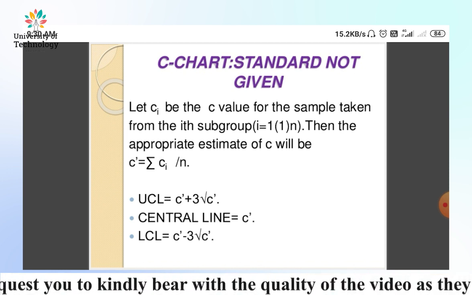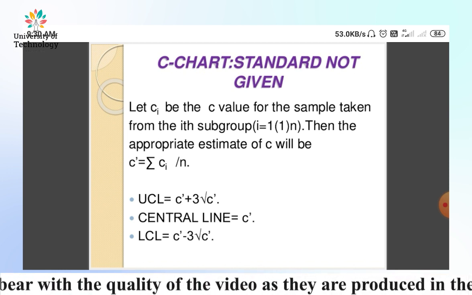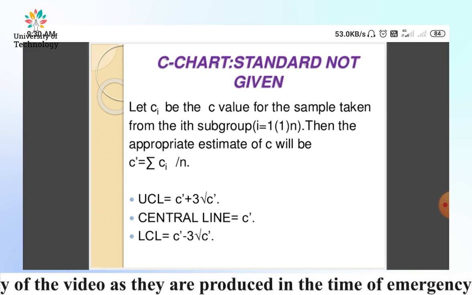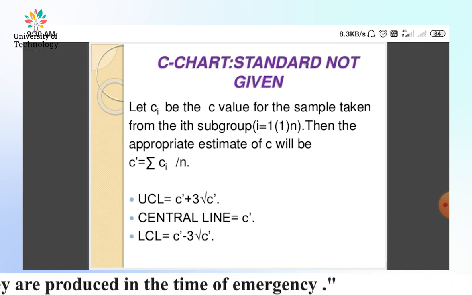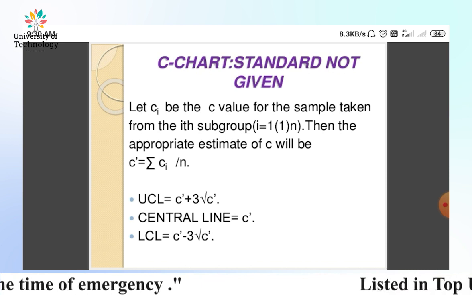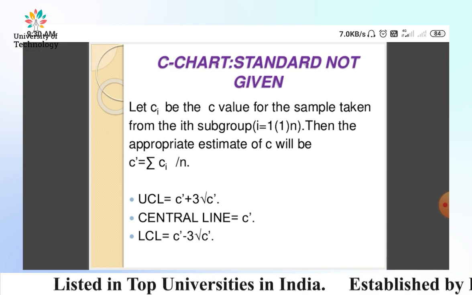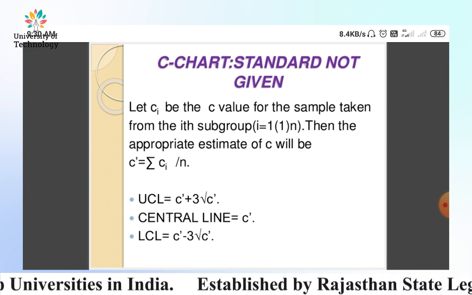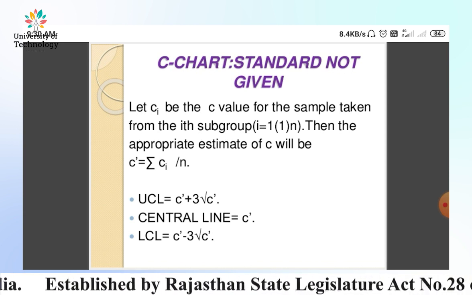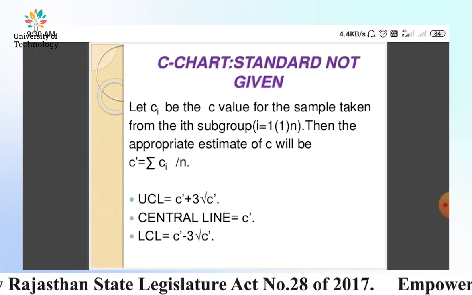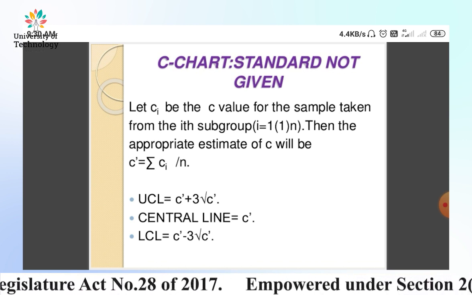C chart when the standard is not given. Let Ci be the C value for the sample taken from the ith subgroup, where i equals 1 to n. Then the appropriate estimate of C will be the summation of Ci divided by n.